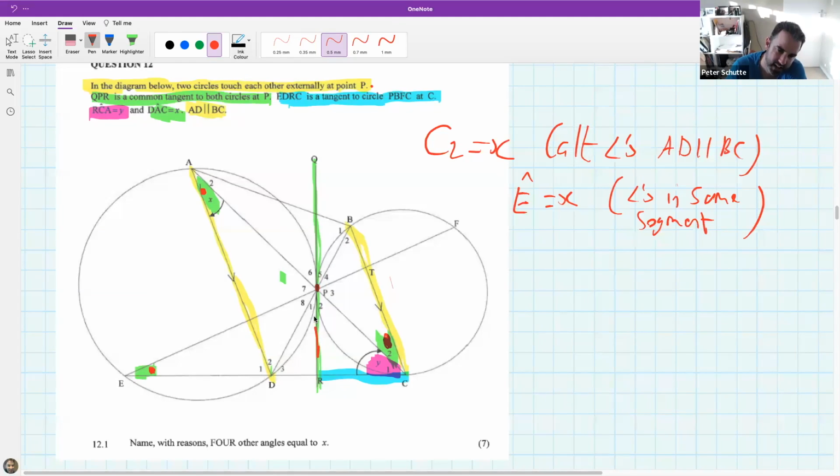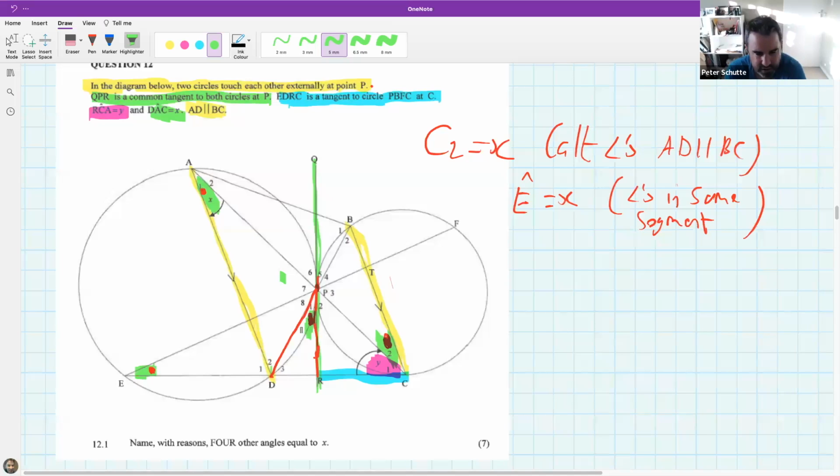If this is the tangent and that was the chord, so let's just pretend that's the tangent, you can see it going, and that's the chord. Can't we say that this angle over here is equal to that one up there?